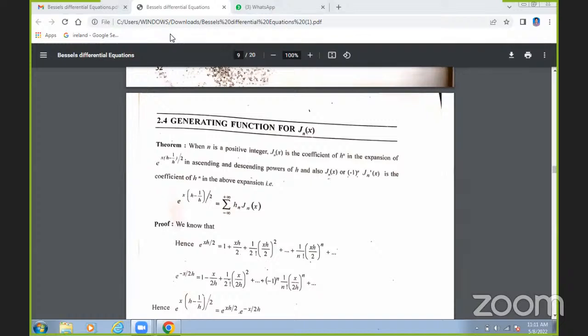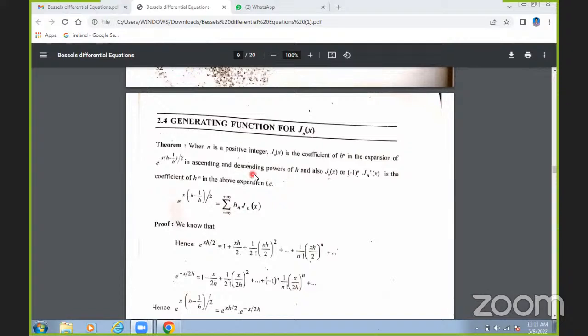So here we have a generating function for Jn of x. As we have seen the generating function in the case of the Legendre differential equation also, here also we have the generating function for Jn of x.